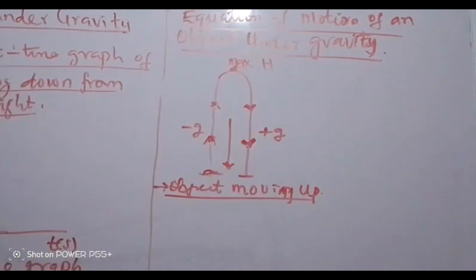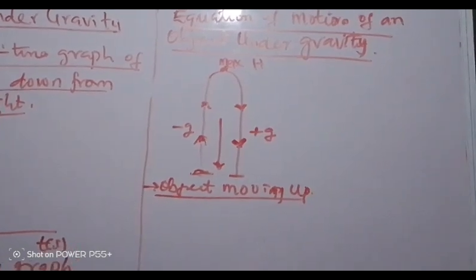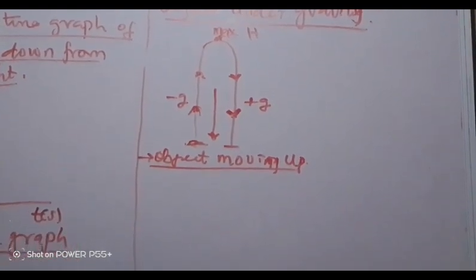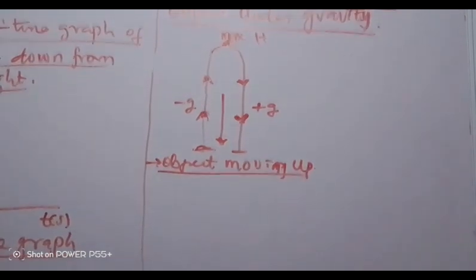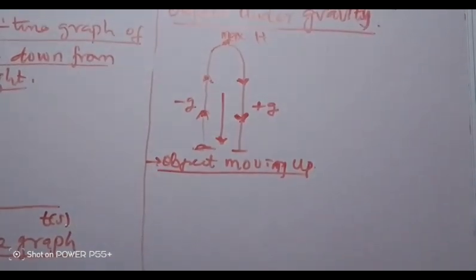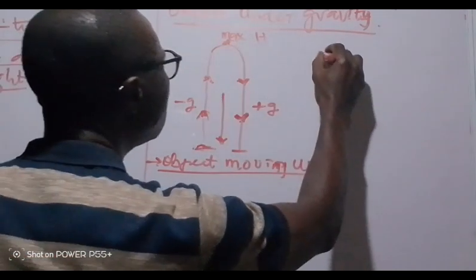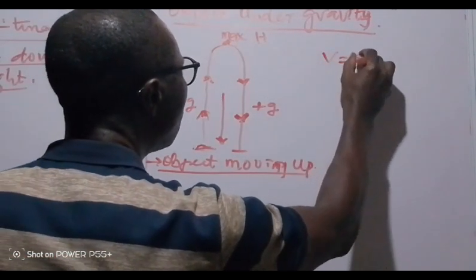Now, what we do is go back to our linear equation of motion. As I said, when we were treating that topic, we said we have three major equations, which are v is equal to u plus or minus at.